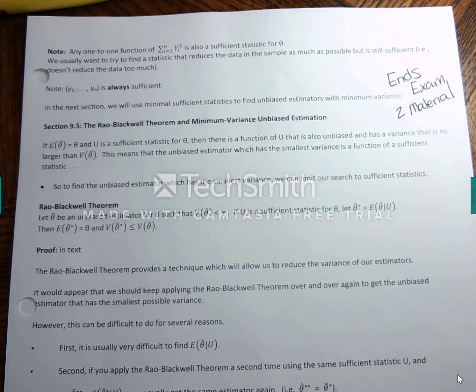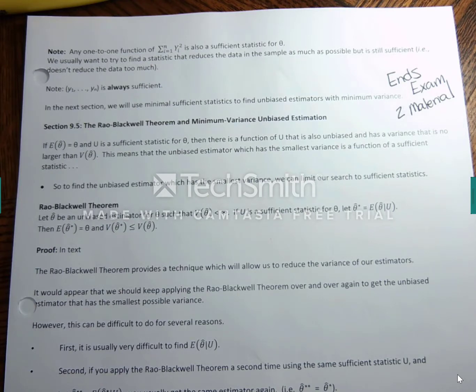So we're going to look at what is called the Rao-Blackwell theorem, and it states the following. We're going to let theta hat be an unbiased estimator for theta such that its variance is finite. So we do need it to have finite variance. Then if u is a sufficient statistic for theta, we're going to let theta hat star be equal to the expected value of theta hat conditional on that sufficient statistic.